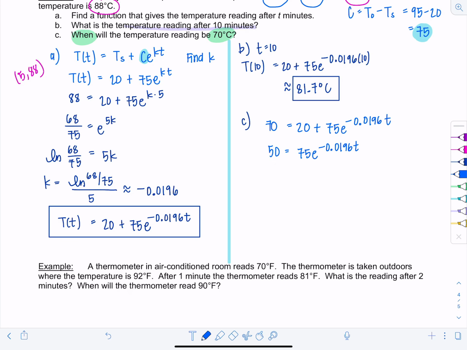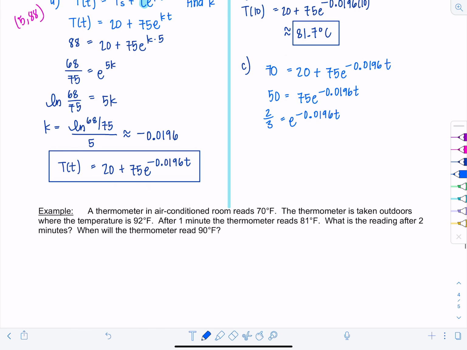Divide both sides by 75. So I have 50 over 75, but that's 2/3, equals e to the negative 0.0196t. Good. Natural log of both sides, so I have ln of 2/3 equals negative 0.0196 times t.